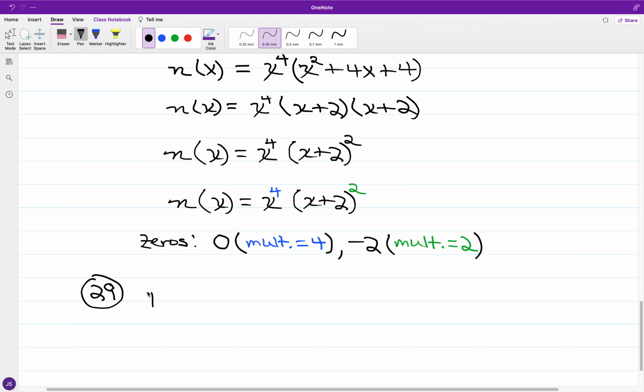Okay, and in 29, so we got the function p of x. Again, another way of saying y. And we have is equal to -3x times x plus 2 raised to the third, then times x plus 4.